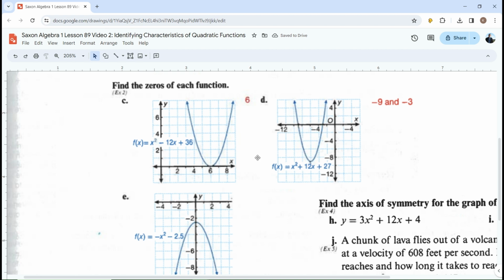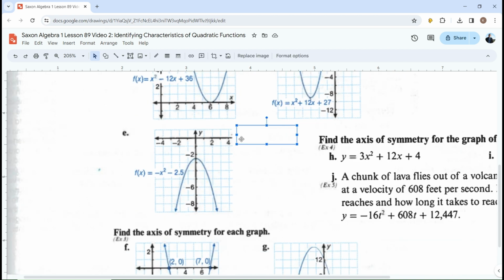Those are the two zeros for this function. And then this one has no zeros because it never crosses the x-axis. It never equals 0. In fact, the greatest this one's ever going to get is -2.5. It's never going to approach the axis. It can't be 0. It's always going to be less than -2.5. So this one has no zeros.